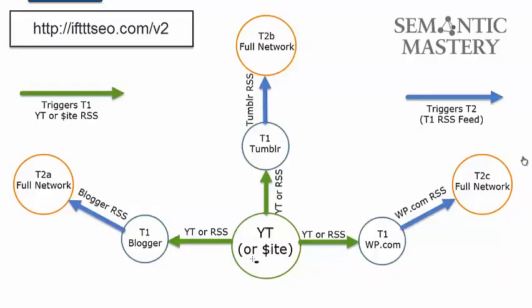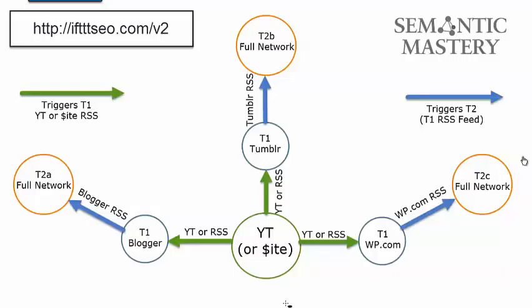In the next video, we'll talk about how to set up tiered networks for blog syndication, to where if you're going to do it, which a lot of you are going to want to do anyways, regardless of my recommendation, at least you'll know how to do it properly. But this video is more about the concept, and so I just want to again stress that you should really stick with tiered networks for YouTube syndication only. It's the safest way, and it requires the least amount of effort to maintain.